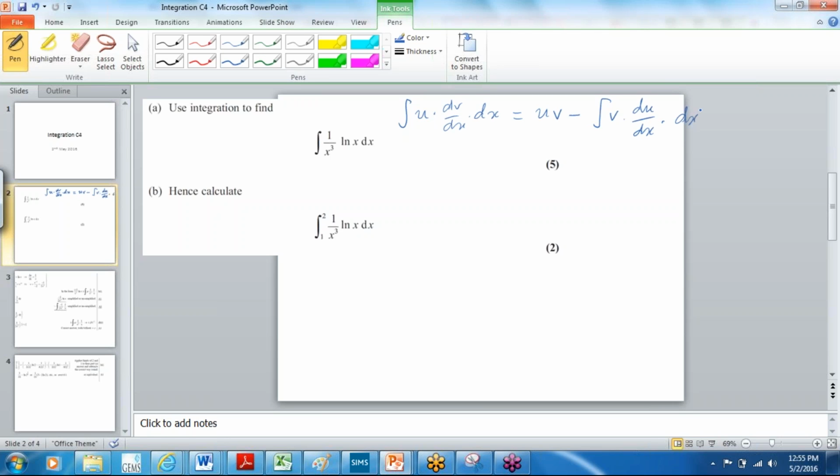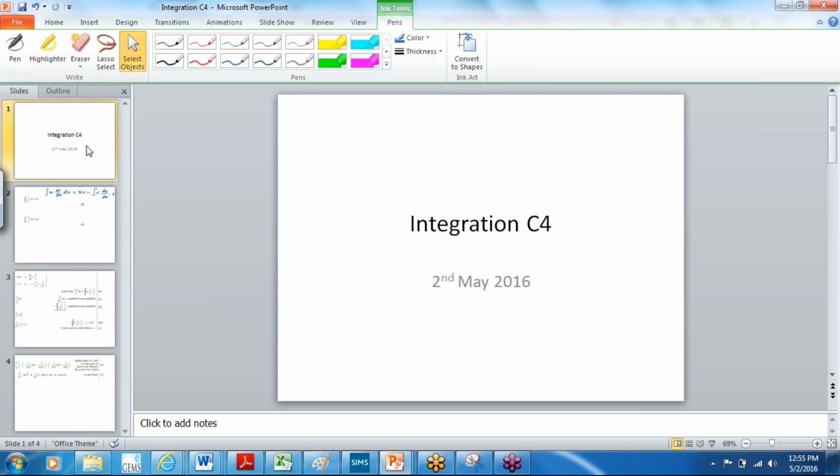Now, where does this formula come from? You don't have to know, but let me remind you of the product rule. If you have a product uv, the derivative of uv is u dv/dx plus v du/dx.